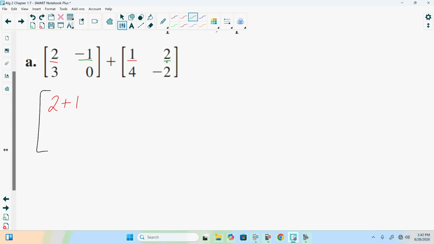Negative 1 and 2 are corresponding elements, so we would be adding them. 3 and 4. And lastly, 0 and -2.